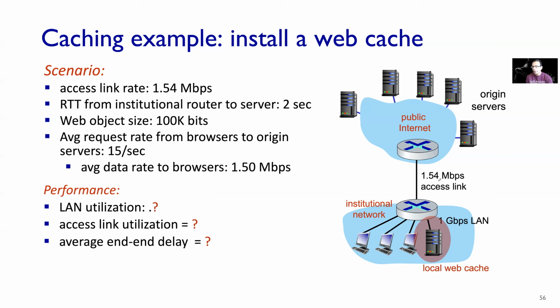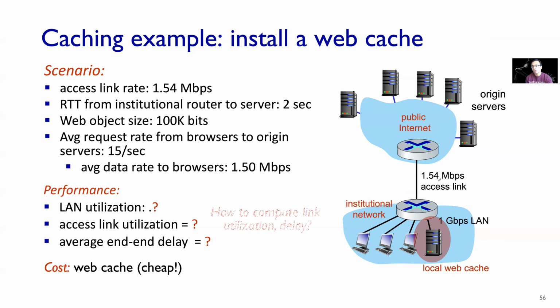So now, can we actually avoid that original problem and reduce those delays? So remember, the cost of a cache is much smaller, and it's just a one-time investment, right? You buy a machine once and you set it up locally, and that's it, right?